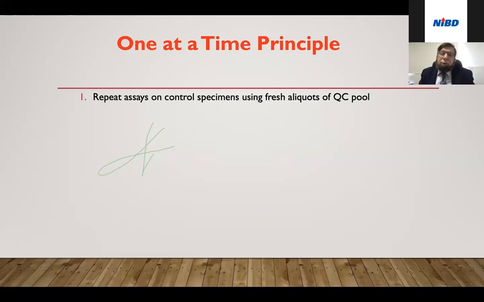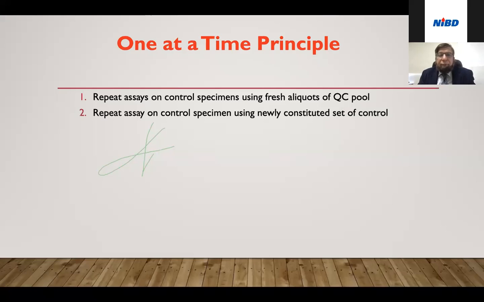So first of all, you may take another fresh aliquot from your deep freezer and run it, reassay it. If the problem remains, then you repeat the assay on the control specimen using newly constituted material. Consider another vial of controls with usually 5 ml of distilled water, and reassay the controls.